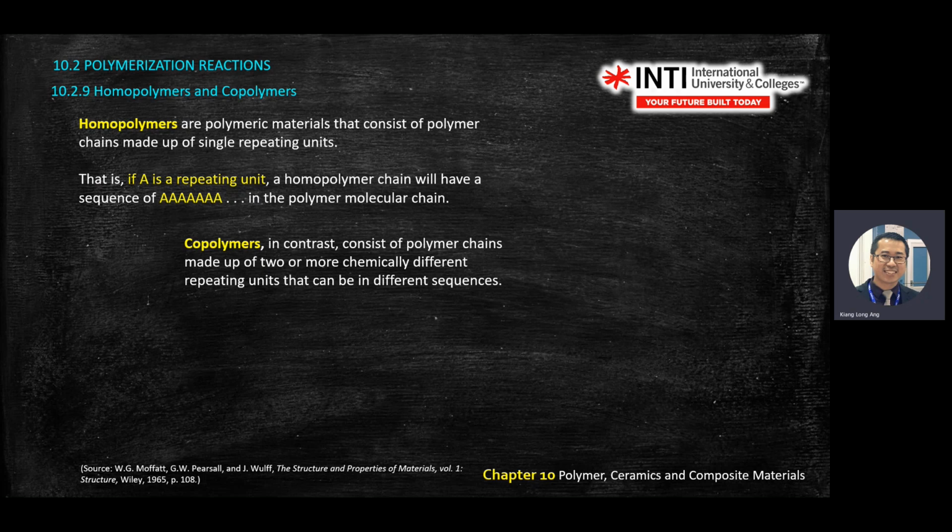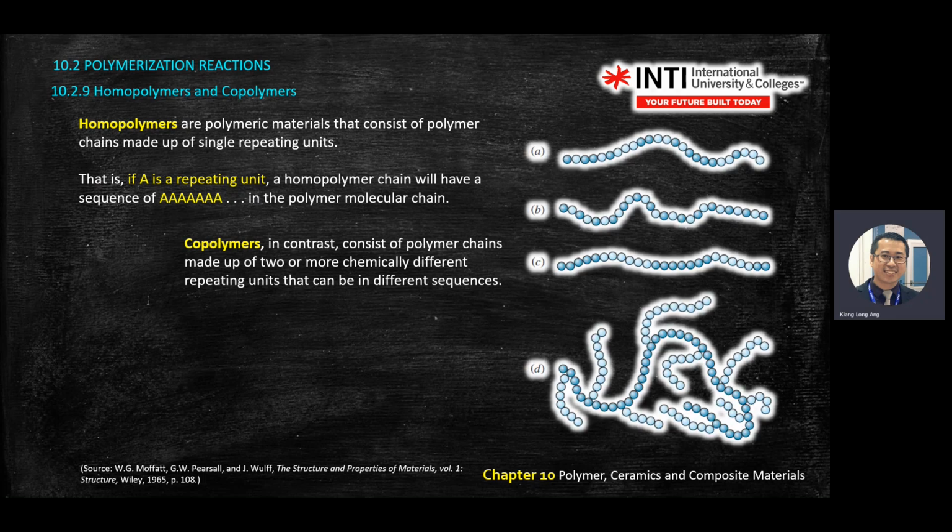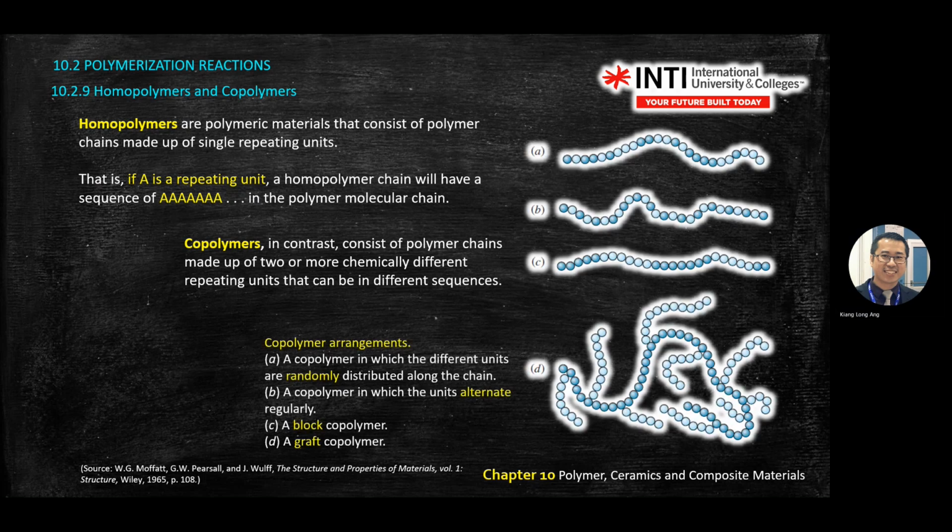Copolymer means you have more than one different monomer inside. For example, you have all these different things. So here from A to D, you can see there are different tones of color. Some dark color, some dark blue, some very light blue.